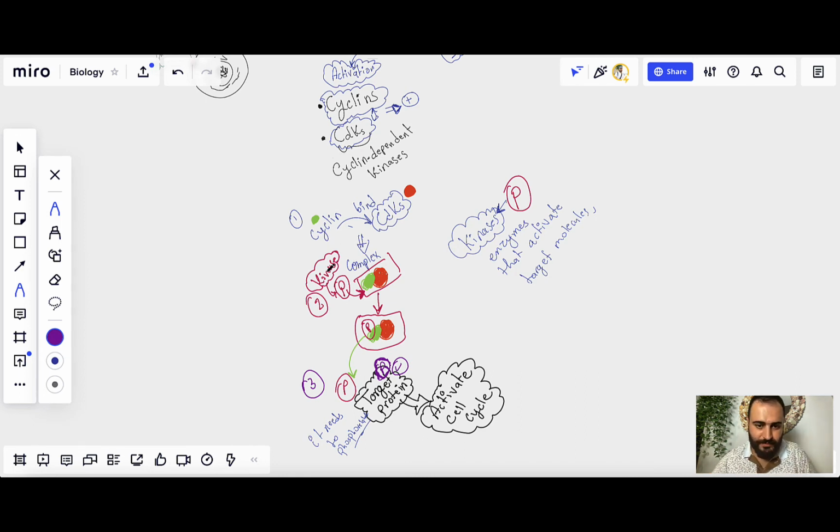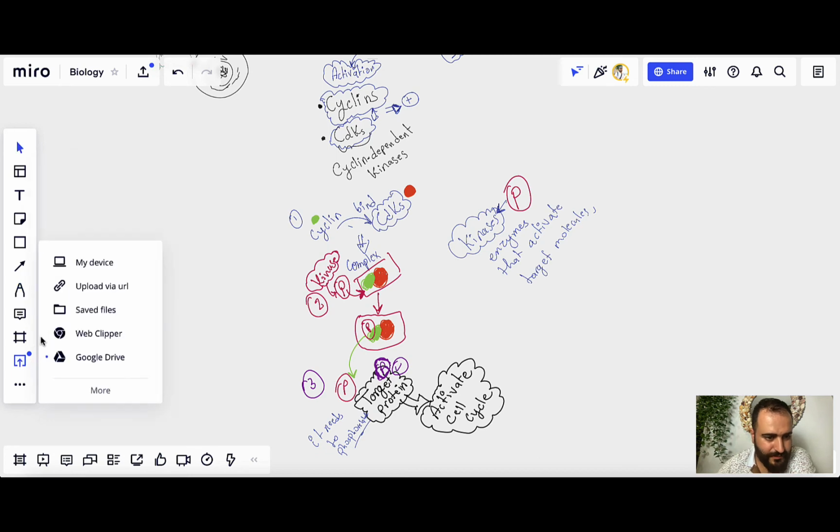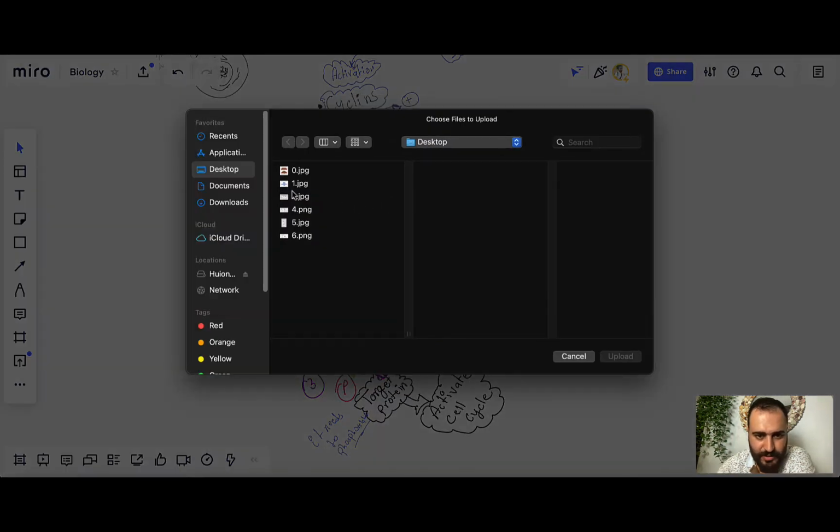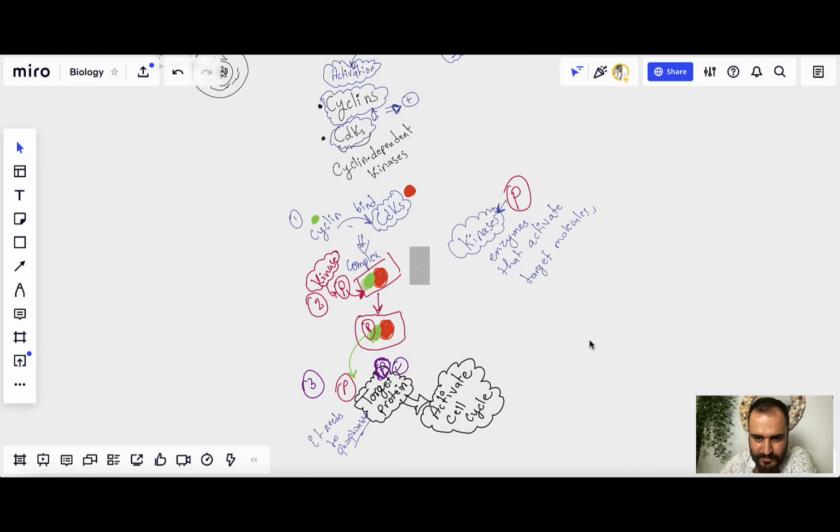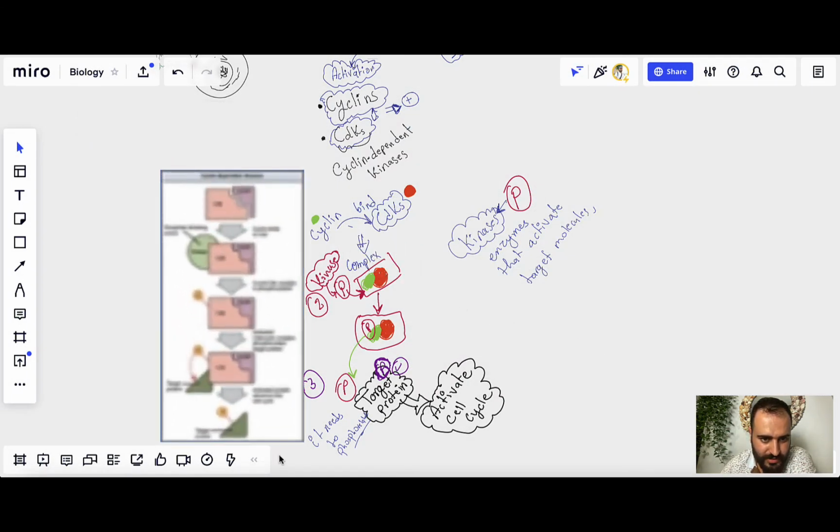For example, if there is no kinase, this will stop. If kinase is there but cyclin is blocked, this process will stop. If cyclin and kinase are there but CDK is not, again this process will stop. So in order to control the cell cycle, to make sure that there are different ways of controlling it, these steps are important. And we can see an image about these steps that might explain it in a clearer way.